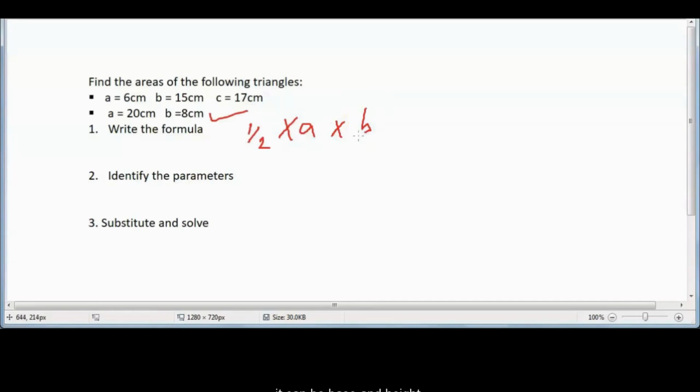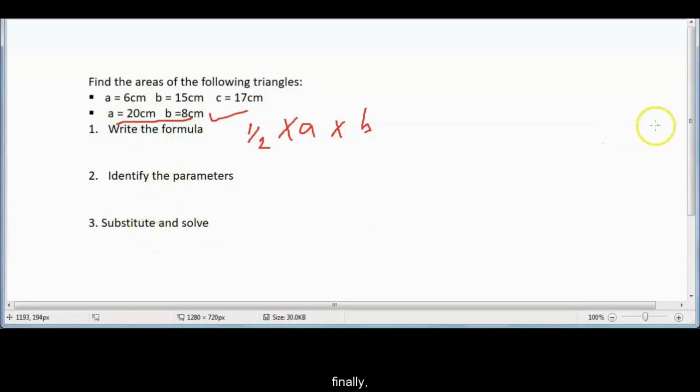Can be base and height. A is the base and B is the height. So the formula is different from that of a triangle with three given sides. So the parameters are there. A is 20 centimeter and B is 8 centimeter.